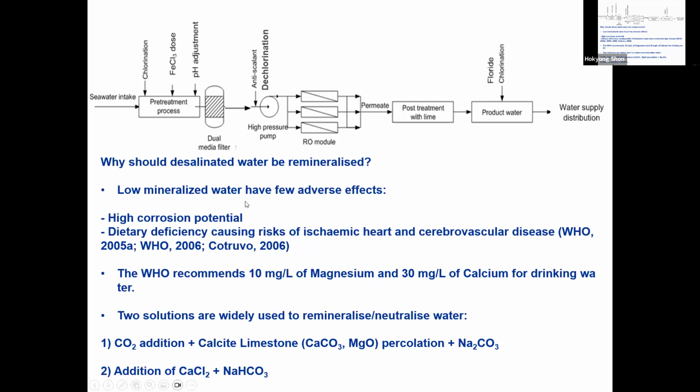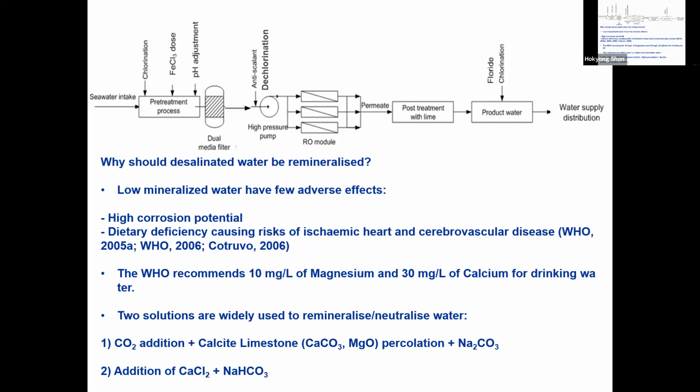So water without minerals has adverse effects: high corrosive potential, and dietary deficiency causing a risk of heart disease. We need to put in some calcium or magnesium, different minerals. WHO recommends 10 milligrams per liter of magnesium and 30 milligrams per liter of calcium.